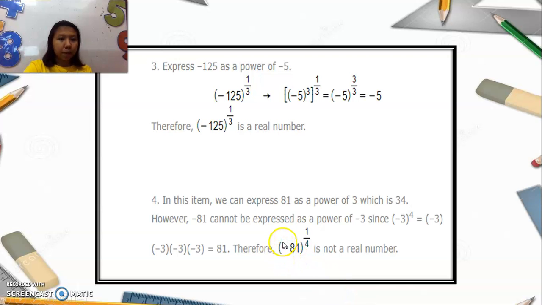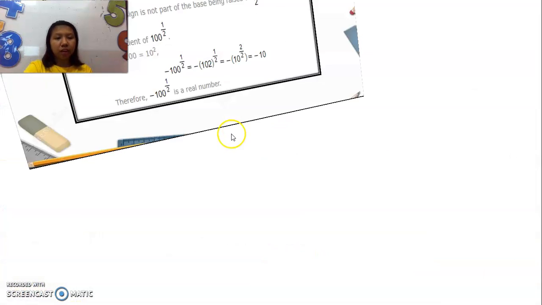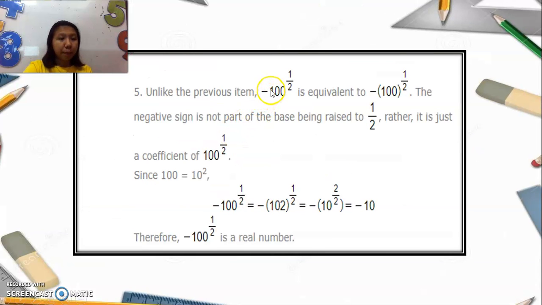Within the previous given, the negative sign is together with the value, which is 81. So all in all, we can say that this is negative 81. But on the other hand, in example number 5, we don't have a parenthesis. So therefore, we can exclude this negative sign. So it will be negative, and then parenthesis, 100, and then raised to 1/2. So the negative sign is not part of the base being raised to 1/2.